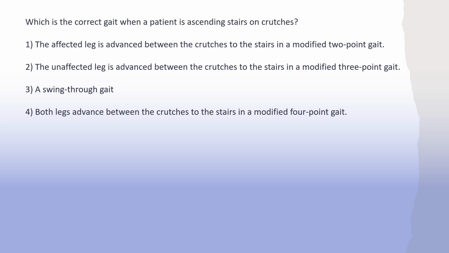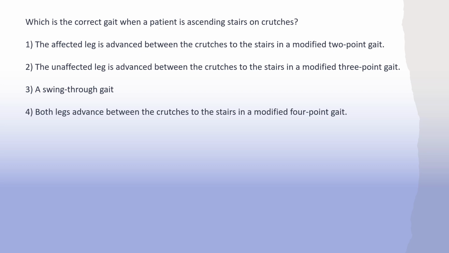Which is the correct gait when a patient is ascending stairs on crutches? 1. The affected leg is advanced between the crutches to the stairs in a modified 2-point gait. 2. The unaffected leg is advanced between the crutches to the stairs in a modified 3-point gait. 3. A swing through gait. 4.